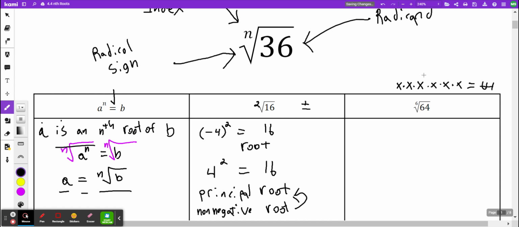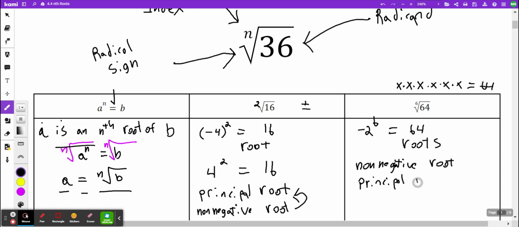Well, we actually have two different answers on this. We have negative 2 to the sixth power will equal 64. That's one of our roots. But then the non-negative root, also known as the principal root, would be positive 2.